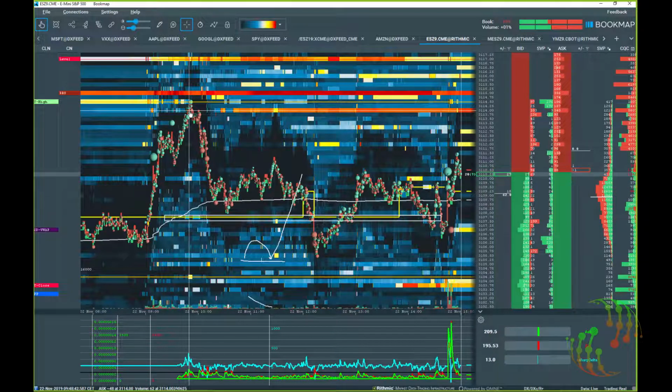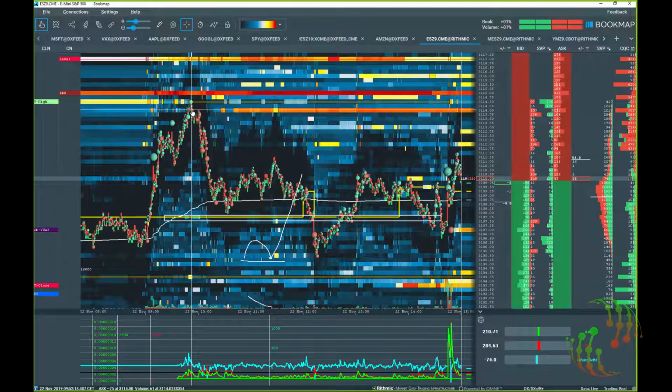It's a pre-session. It's not maybe suitable for US colleagues here because you are still sleeping here. But in the pre-session for European traders, this might be extremely good trading because there's less volatility than after the session start, of course, and it goes down.